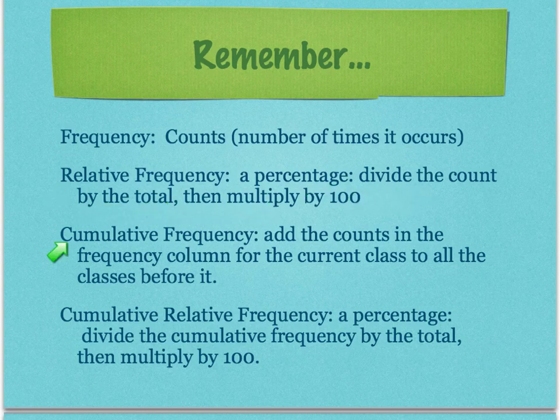The cumulative frequency is where we add the counts in the frequency column for the current class and then to all classes before it. You'll see how this goes when we do an example. And then the cumulative relative frequency just takes this and turns it into a percentage, much like when you change this frequency into a percentage here.